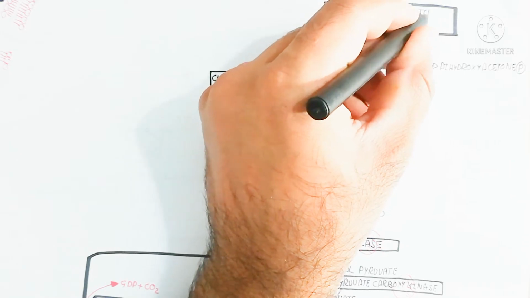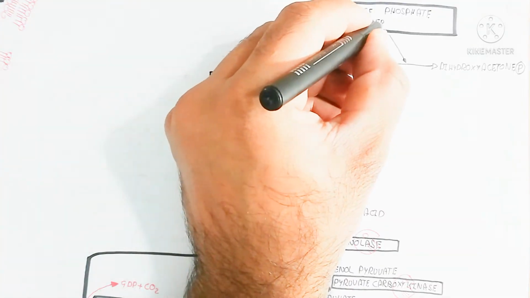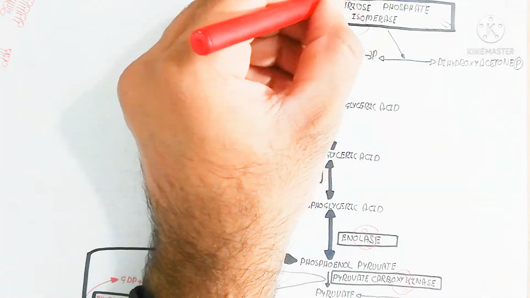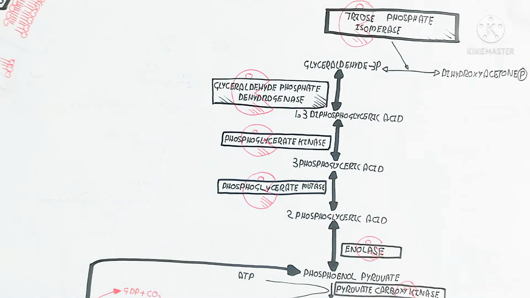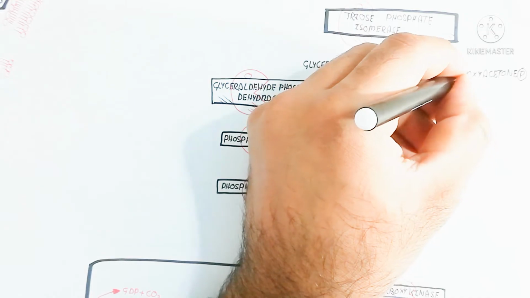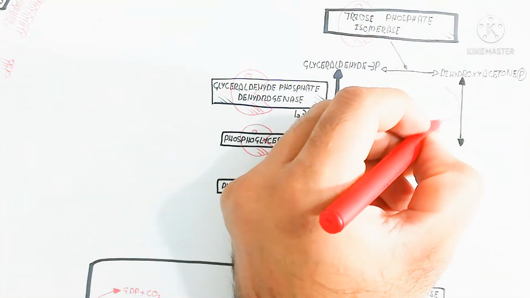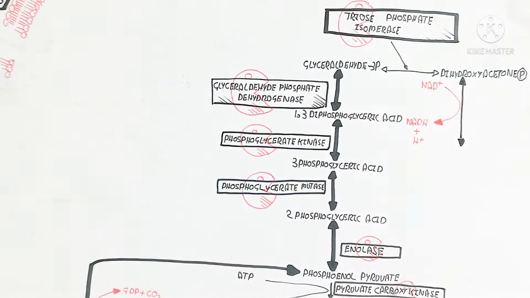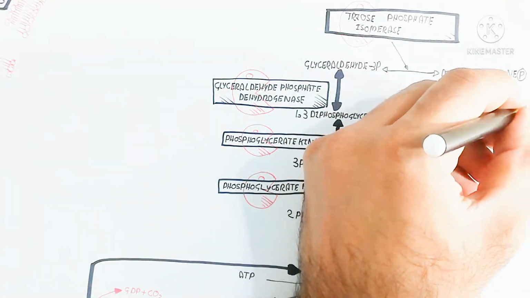The triose phosphate isomerase enzyme is used. This is a separate mechanism, we are just understanding it, but it is not part of the gluconeogenesis, but you need to understand about that. And the dihydroxyacetone phosphate formation is due to the triose phosphate isomerase enzyme.